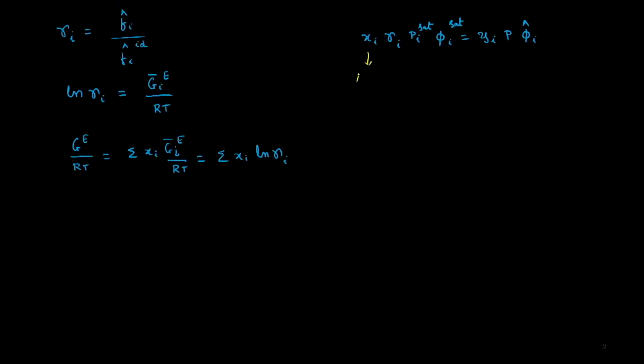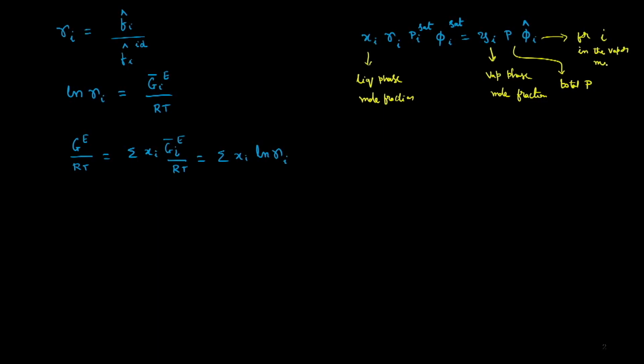This is the liquid phase mole fraction, x_i, and y_i is the vapor phase mole fraction. P is the total pressure, and this is the fugacity coefficient for species i in the vapor mixture.